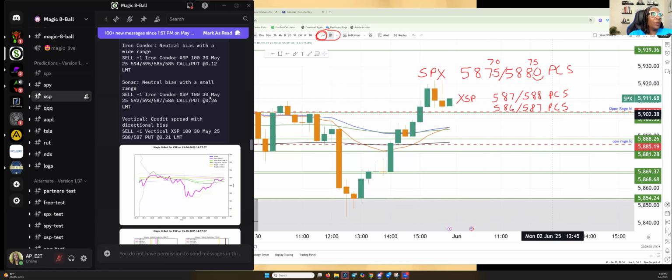Call credit spreads can be a little more tricky. That was put credit spreads I just talked about. Call credit spreads, let's say, for example, we had 59.35, 59.40, and some people were in this area on Friday. What are y'all's thoughts for what would be a good trade suggestion for XSP?